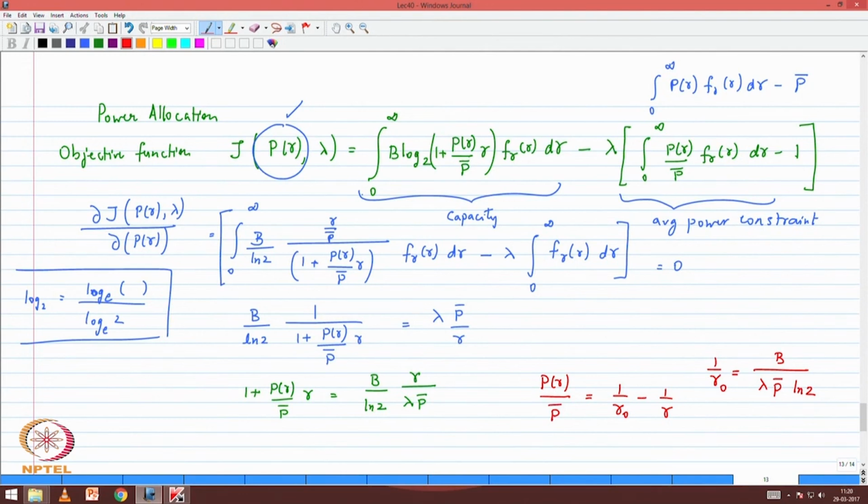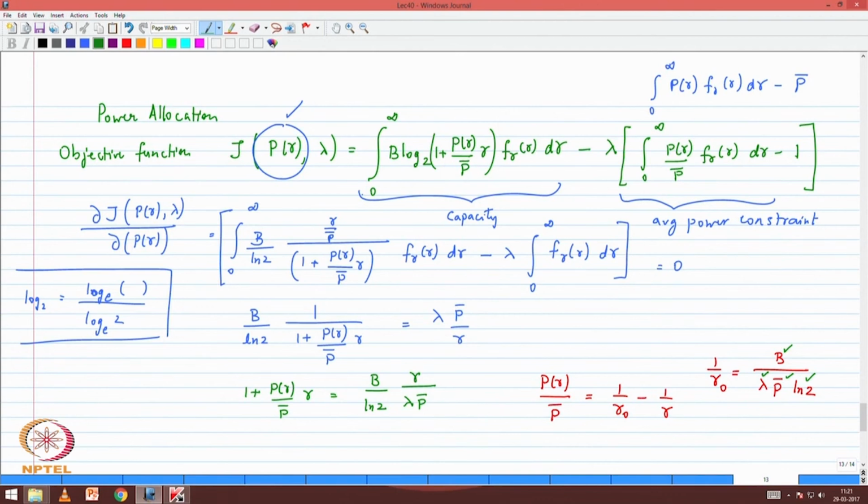Why do I say that this is a constant? What are all the things that are constants? The bandwidth is a constant, ln 2 is a constant, average power is a constant, the Lagrangian multiplier is a constant. So all of these are constants, so I can treat 1 by gamma naught as a constant itself. And you may wonder, why did you call it 1 by gamma naught and not gamma naught? The answer will come in a moment.